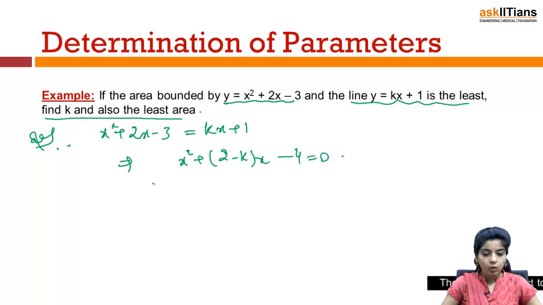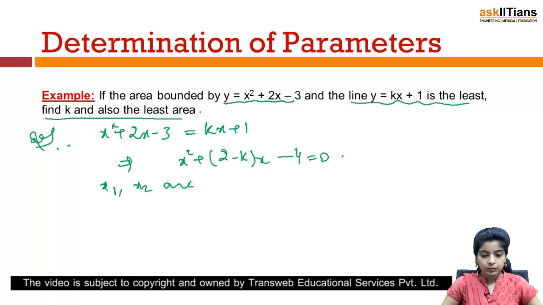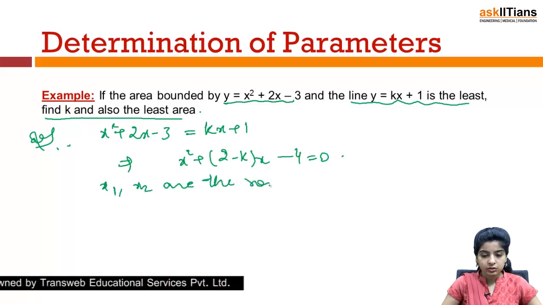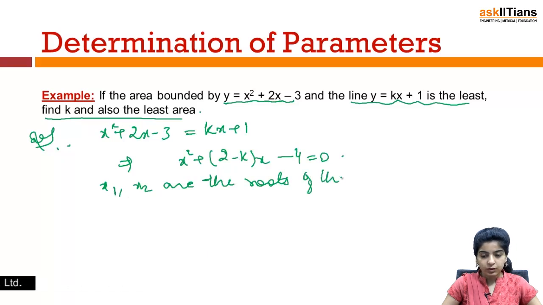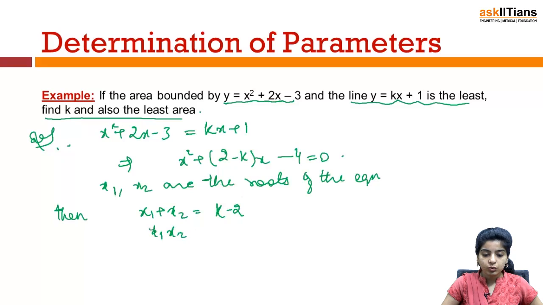So now if I assume x1 and x2 are the roots of the equation, then by theory of equations you remember that sum of roots is minus b by a, so x1 plus x2 is k minus 2, a is 1, and then x1 x2 is equal to c by a, that is minus 4. So these are the two results.